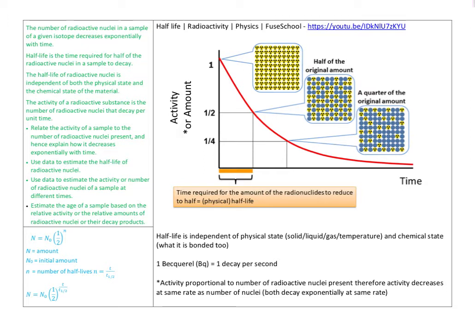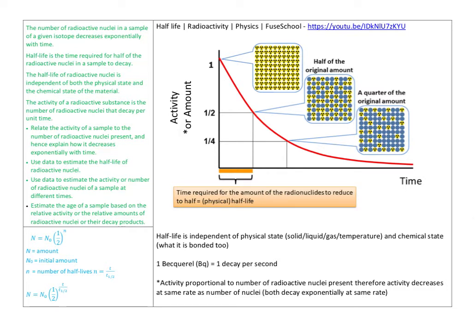And the key thing about exponential decay is that this time is always constant. So the time it takes for the number of radioactive isotopes to decay to half their original amount is always constant, regardless of how many you're starting with.